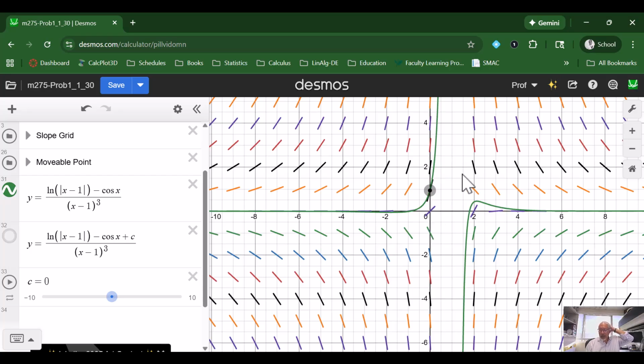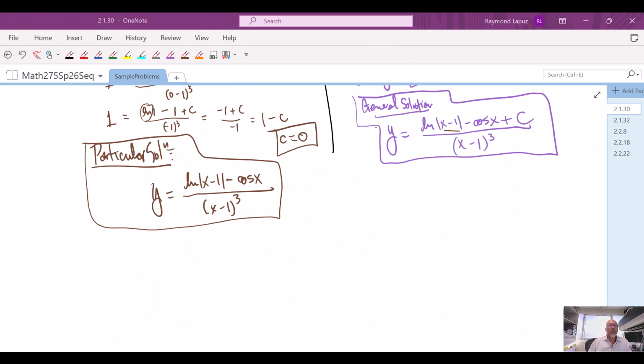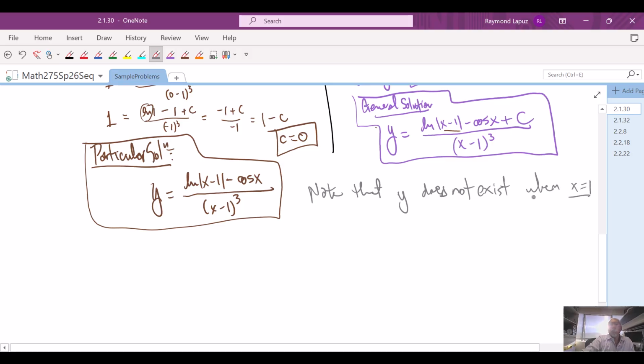Now, this solution looks like it has two parts, and it splits when x is equal to 1. So the existence and uniqueness theorem actually tells us there are some issues happening here when we have an x value that's undefined. So we'll note that y does not exist when x is equal to 1. That factor of x minus 1 in the denominator makes it undefined there.